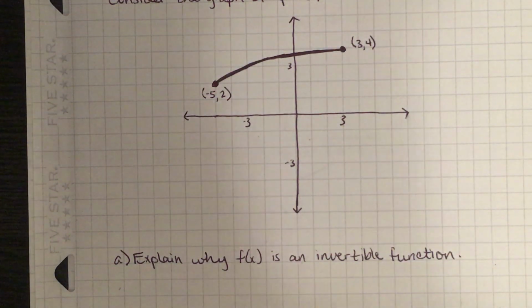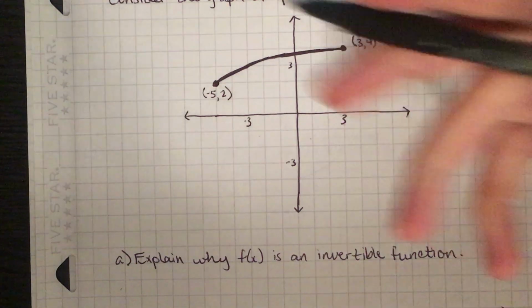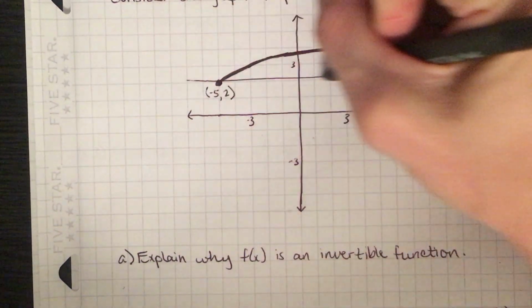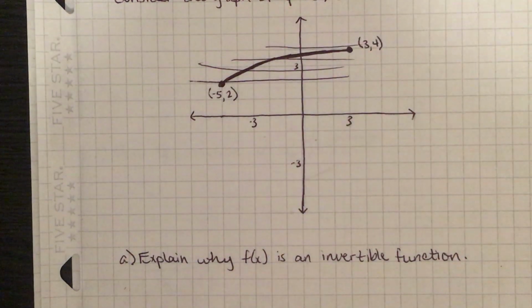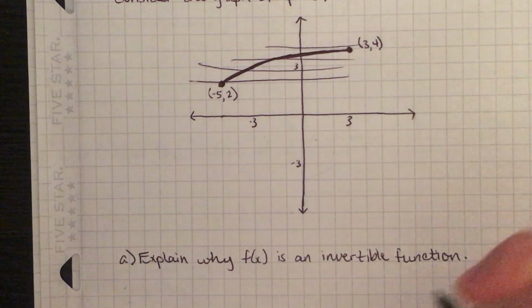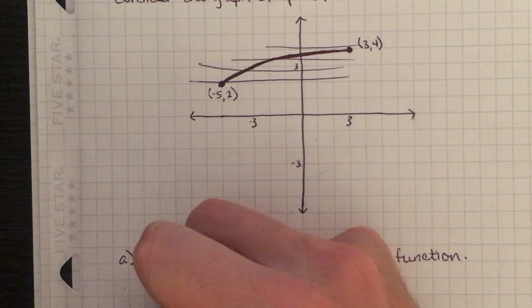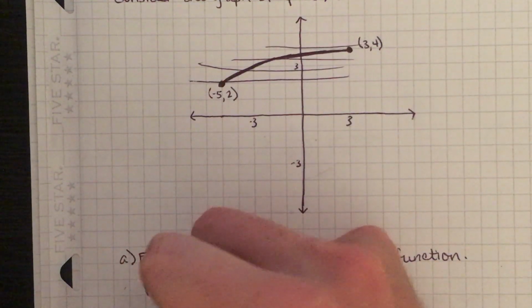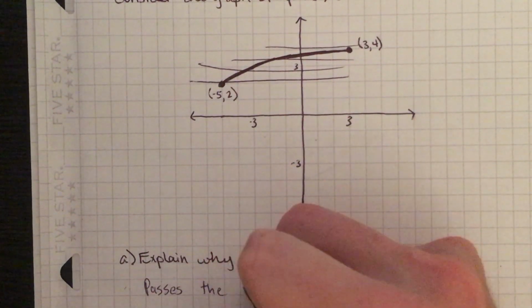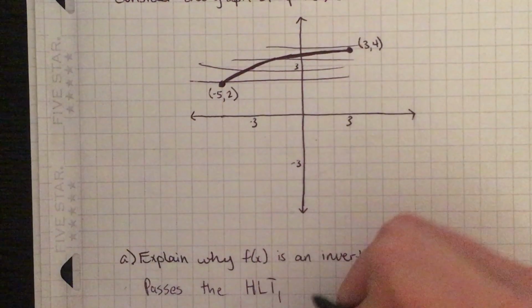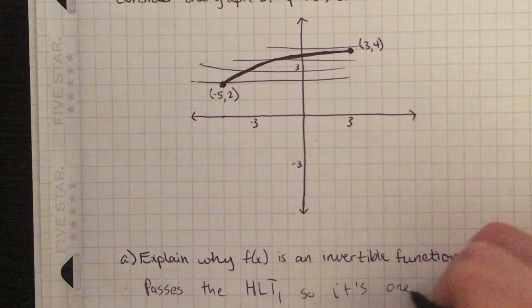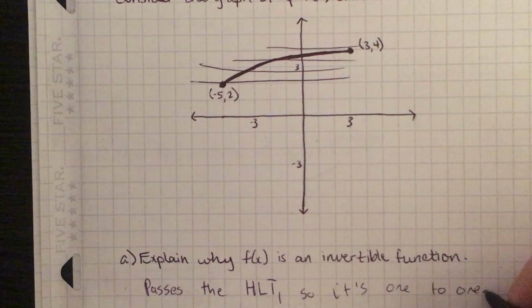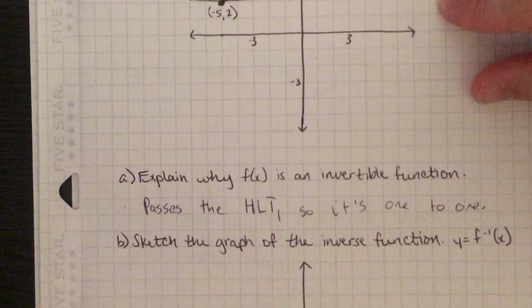If you draw any horizontal line through here, it is only going to cross one time. So right off the bat, it passes the horizontal line test, and so it's 1 to 1. And therefore, we'll have an inverse.